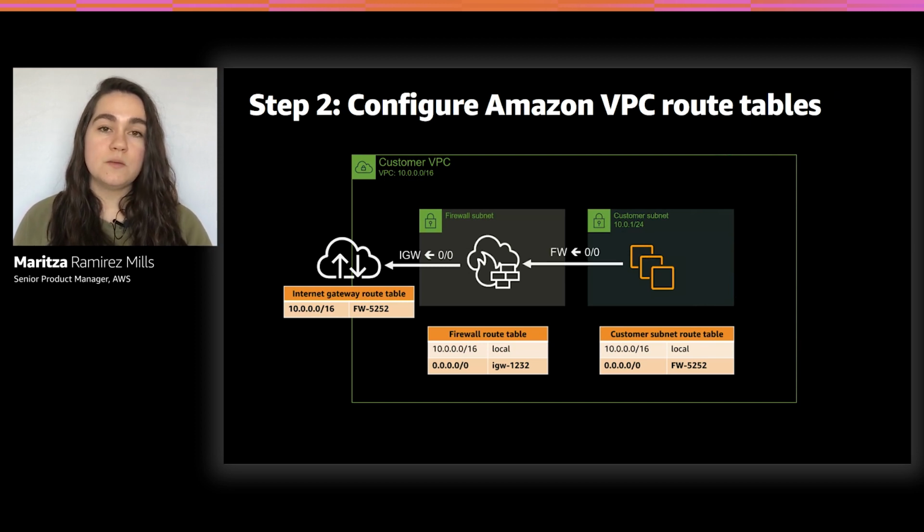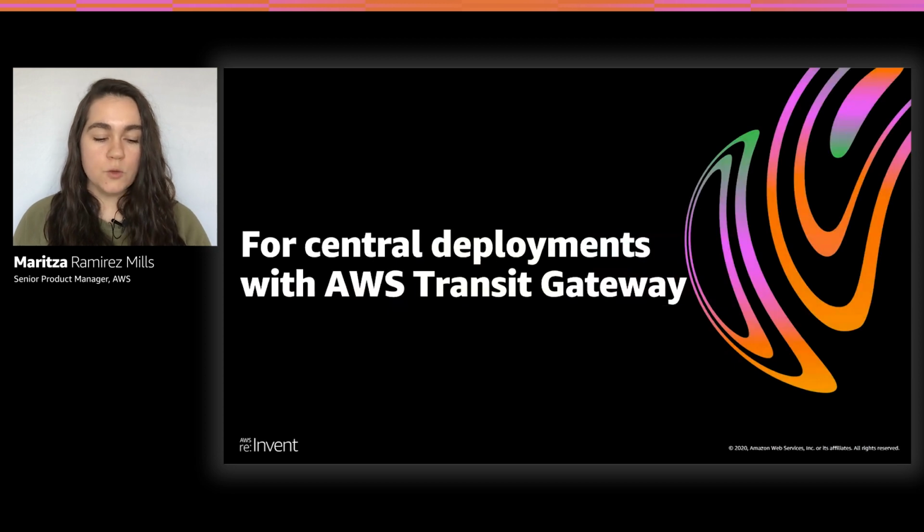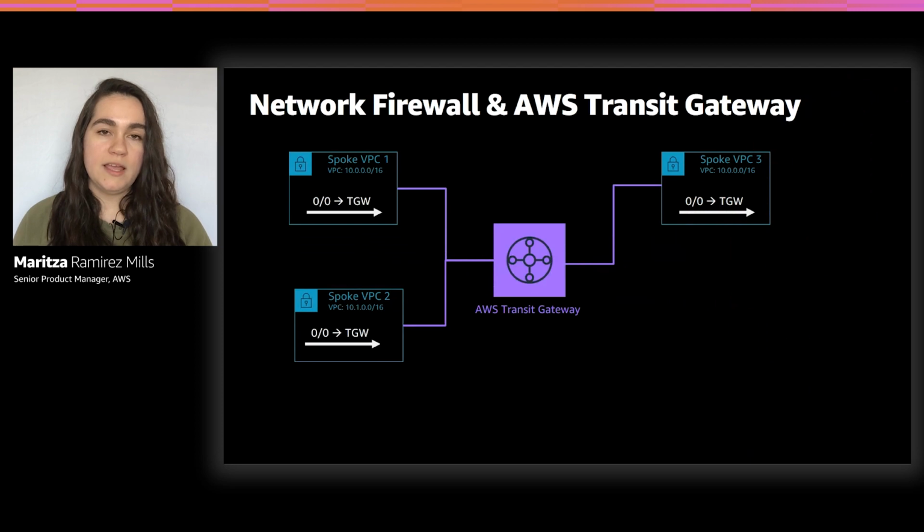This is a simple example of a single VPC. As we discussed earlier, there are many customers who might want to do multi-VPC inspection, especially with a transit gateway. So at a very high level, we'll take a look at what that might look like. If you want to do a centralized deployment with AWS Transit Gateway, you may already have a transit gateway set up with multiple spoke VPCs like what you see pictured here.